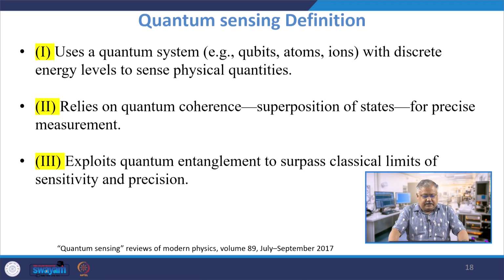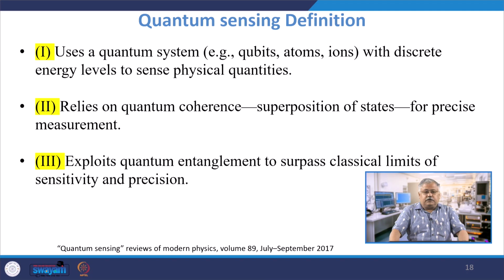Now, if you look at certain definitions of quantum sensing, the first definition is, as I discussed with you, using quantum states, you will know that discrete energy levels are used to sense quantum quantities. And how you measure it, that measurement technique relies on quantum coherence, and basically depends upon the superposition of states, and this leads to a very precise measurement, with the caveat that the uncertainty principle will always give you a limitation in terms of measurement.